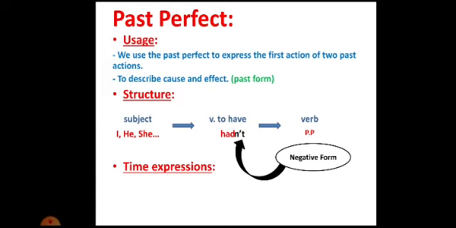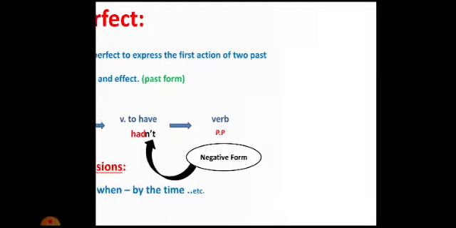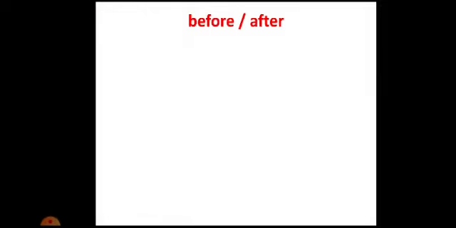For the time expressions or keywords: after, before, when, by the time, or any other conjunction or linker that links between two actions in the past. Now we will put more focus on before and after because they are the most common linkers used with this tense. We use before to connect between two actions in the past.